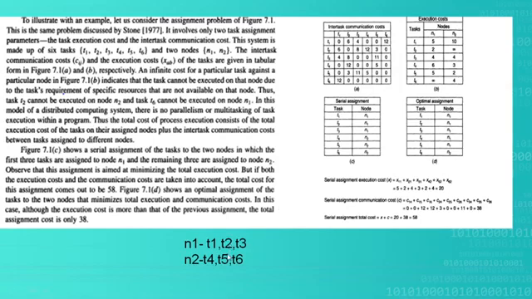Now T2 to T5, C25, is 3, so we write 3 here. Then C26, task 2 to 6, the cost is 0. Up to here it is completed. For task 3, C34, task 3 to task 4, it is 0.